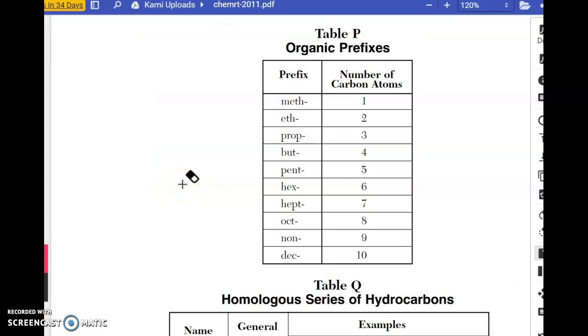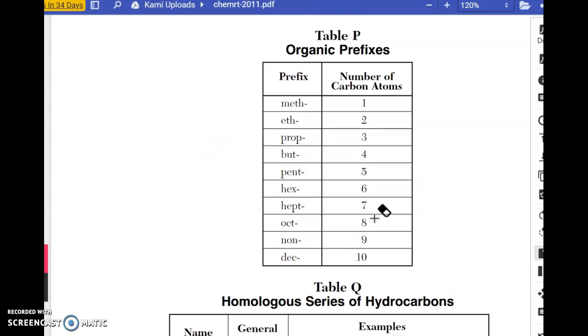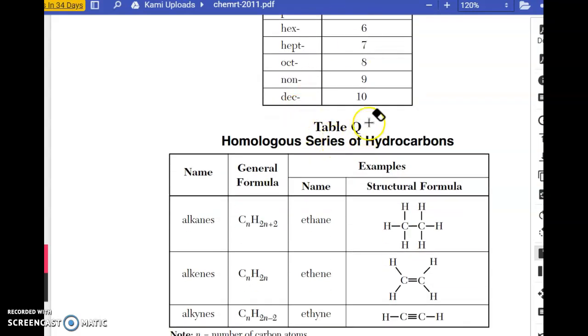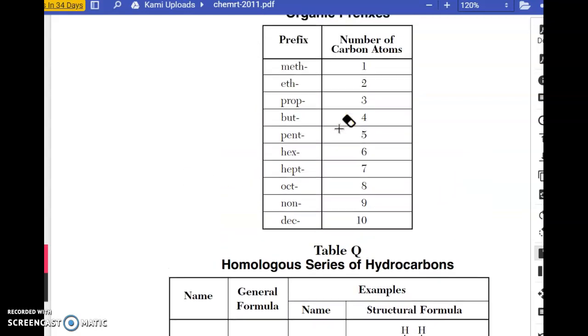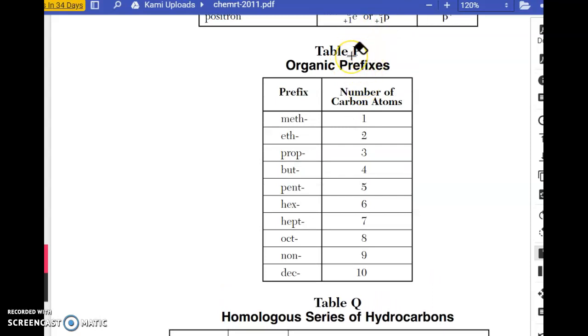So, naming organic compounds, otherwise known as hydrocarbons, your reference table helps a ton. There are 2 tables that I am going to show you how to use right now, and that is table P and table Q. Alright, so let's start with table P. If you have a carbon compound that only has 1 carbon in it, it has the prefix meth, so it would be like methane.